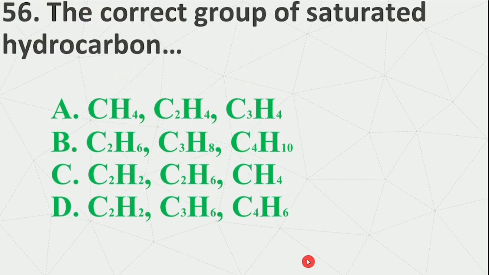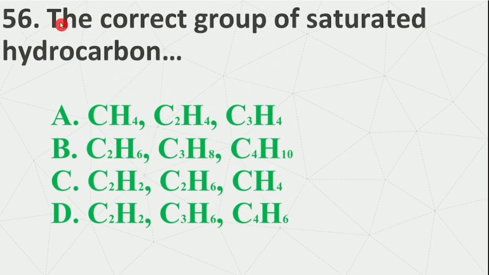Question number 56. The correct group of saturated hydrocarbons. Here we have 4 options. Saturated hydrocarbons means compounds having single bonds. That means all the alkane groups belong to saturated hydrocarbons. The general formula of alkane is CnH2n+2.